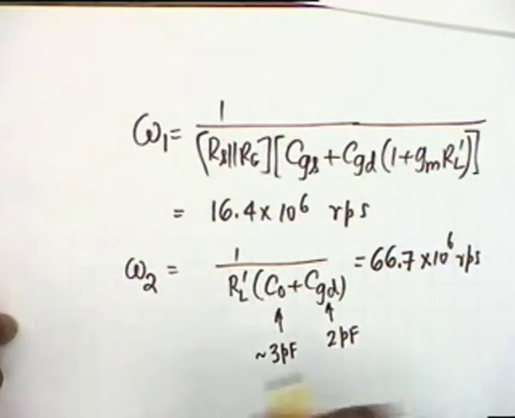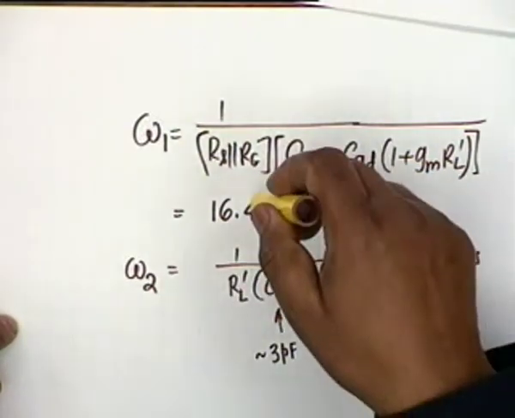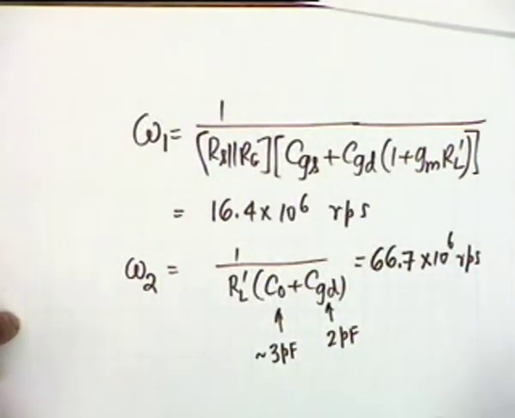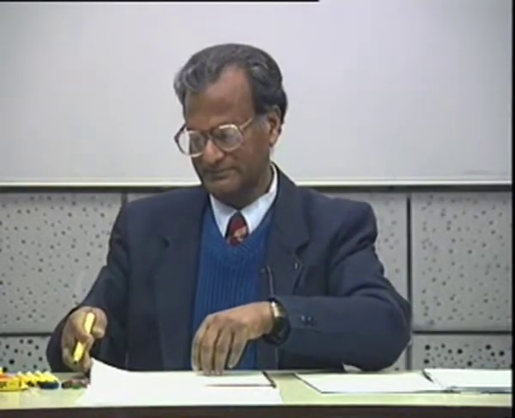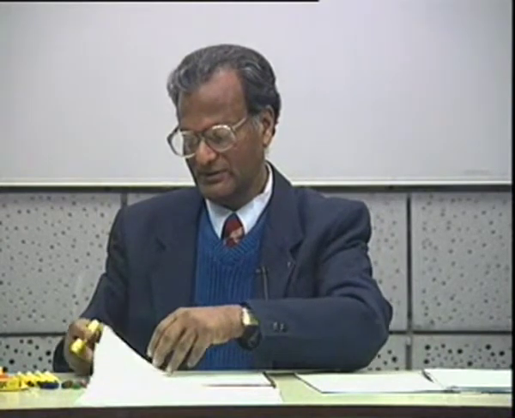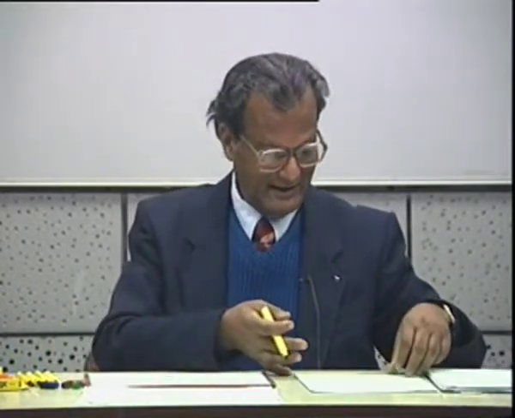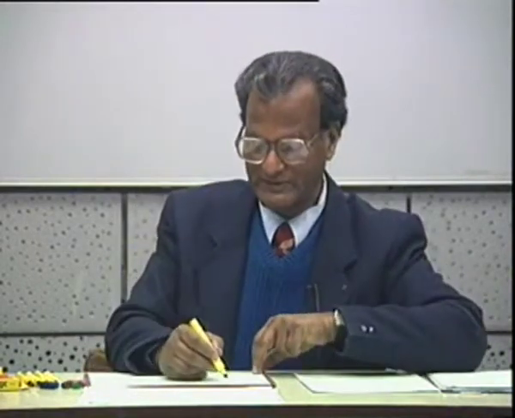Alright, 66.6 times 10 to the 6 radians per second, which is only 4 times approximately, but the square is 16 times, so the approximation is justified. I will strongly encourage you to find out the exact expression also. To find out the exact analysis, I have the expression.